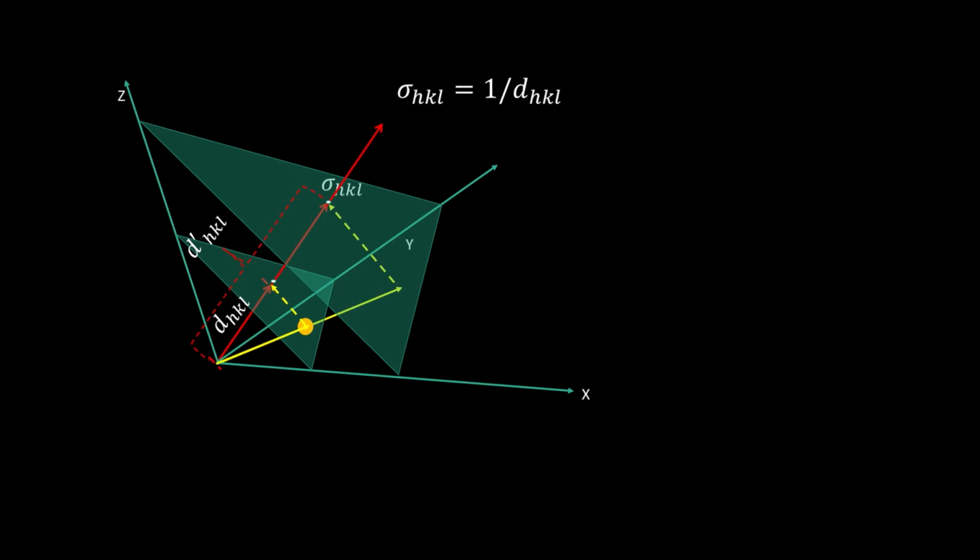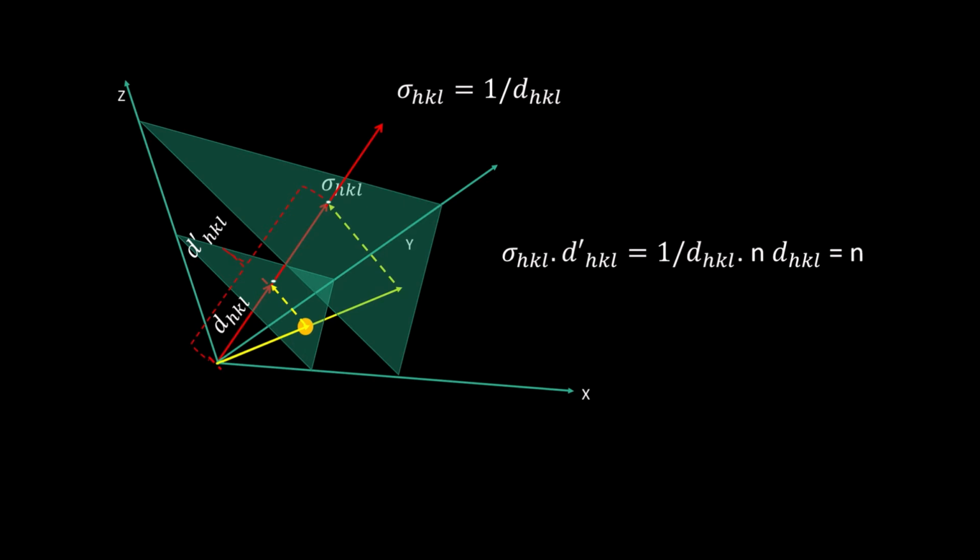Since we are considering a family of planes with the same interplanar spacing, this d'_hkl is actually 2 times d_hkl, or in general such projections will always be an integral multiple of the interplanar distance d_hkl. So we can see that the scalar product between this projection and this vector σ_hkl is an integer n.